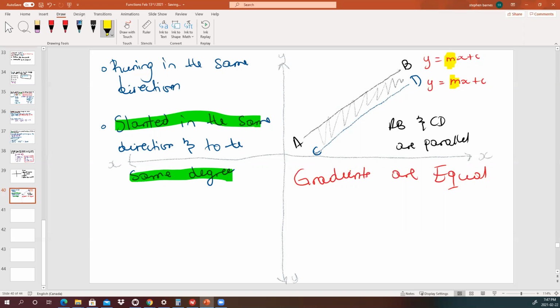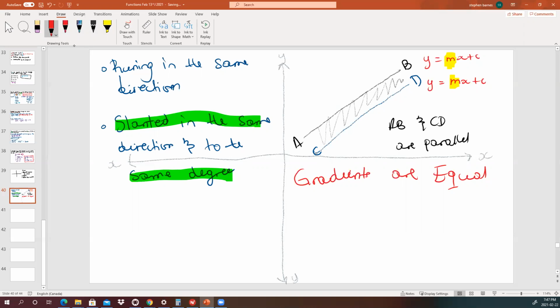Everybody following me? And we can see that from a practical perspective, right? They slant the same way because they're parallel. That's what defines lines that are parallel. They're running the same direction and they're slanted to the same degree, however you want to express it.